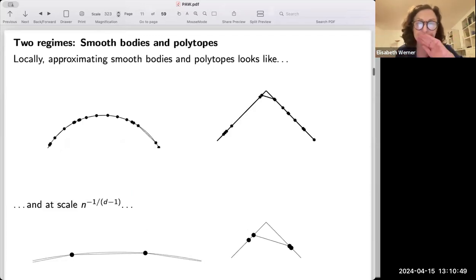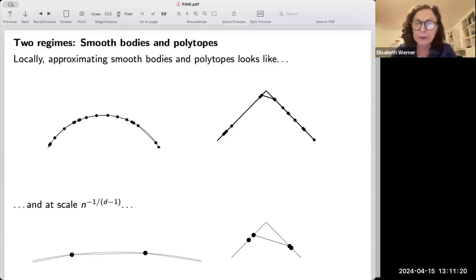Again, if we look at a picture, in the smooth situation, which is the case on the left side, when we pick our random points on the boundary, we pick up excess volume, for instance in the symmetric difference metric, everywhere.